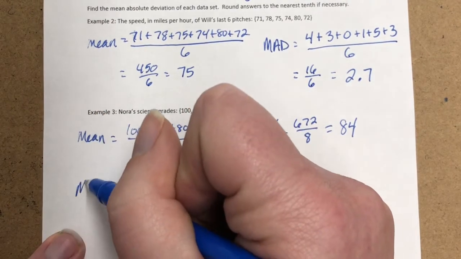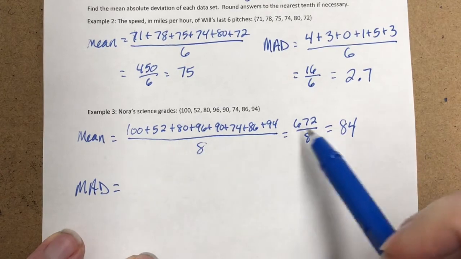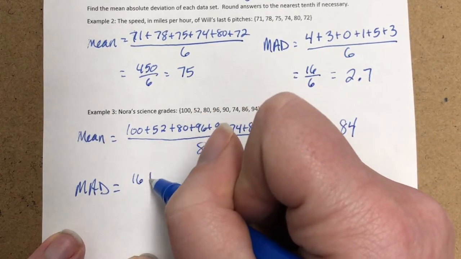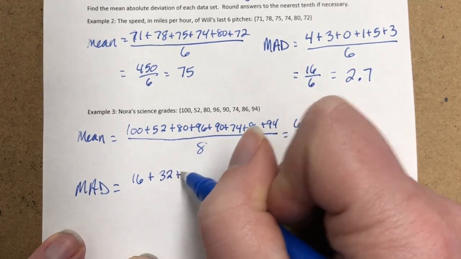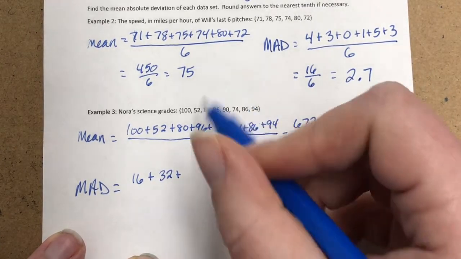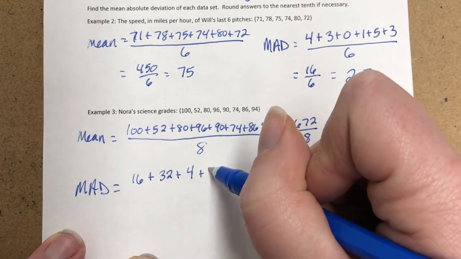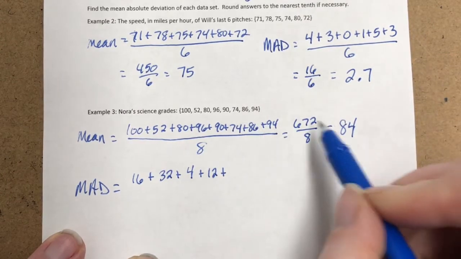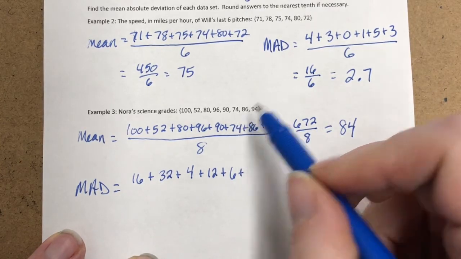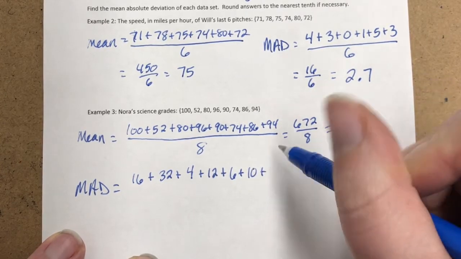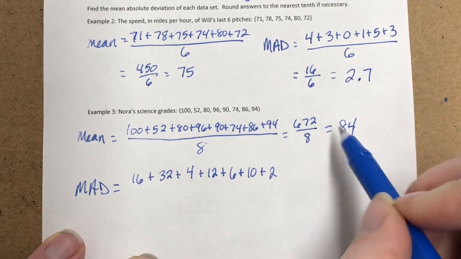And then to find my mean absolute deviation, I have to find the differences. So I'll take 100 minus 84, and then 84 minus 52, and then 84 minus 80, 96 minus 84, 90 minus 84, 84 minus 74, 86 minus 84, and 94 minus 84.